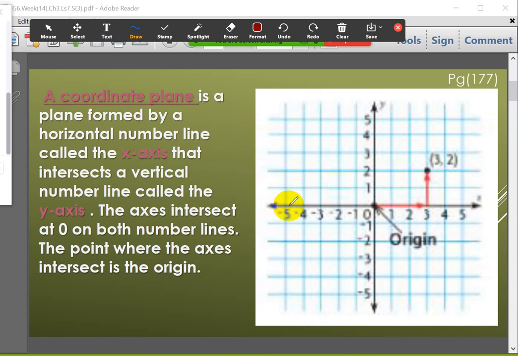We call this number line the x-axis. So the horizontal one will always be the x-axis. This number line intersects, that means crosses, a vertical number line. This is the vertical number line, and we name it the y-axis.